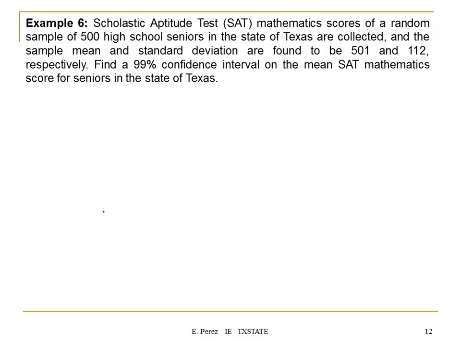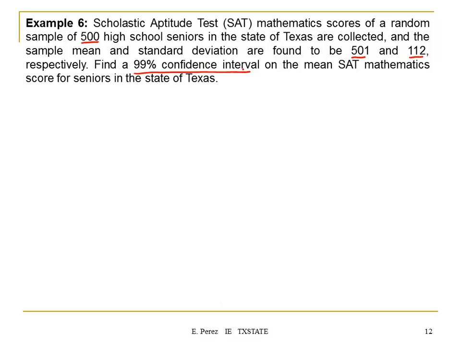So let's try to work on a problem with this confidence interval. The SAT math scores of a random sample of 500 high school seniors in the state of Texas are collected, and the sample mean and the standard deviation are found to be 501 and 112. Find the 99% confidence interval on the mean of the SAT math scores for seniors in the state of Texas.